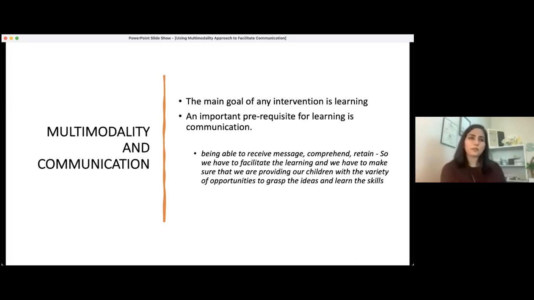And then comes the feedback, and then comes how they are going to reply to that. So that's how multimodality and communication go together, because we are teaching them how to learn.